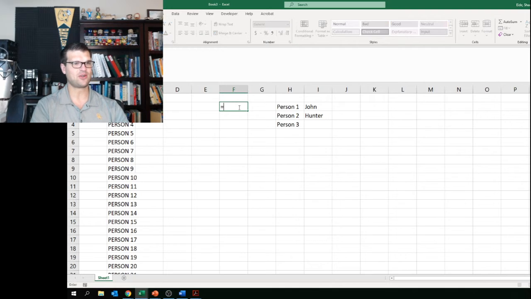So we're going to do equals RANDBETWEEN, and put 1, comma, 178. John gets anything in the lower half, and Hunter gets anything in the upper half.